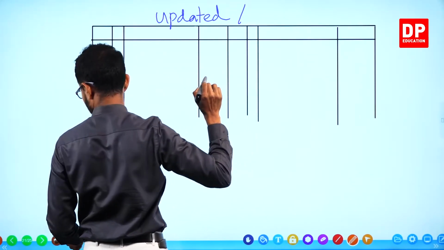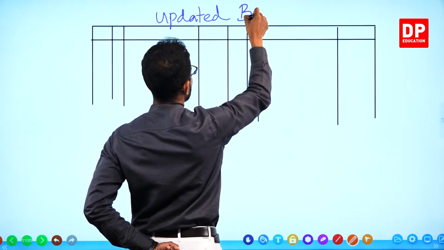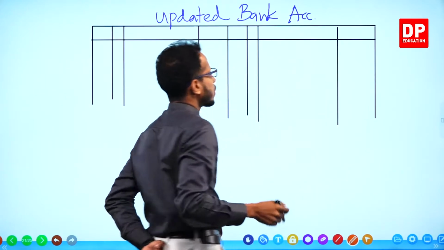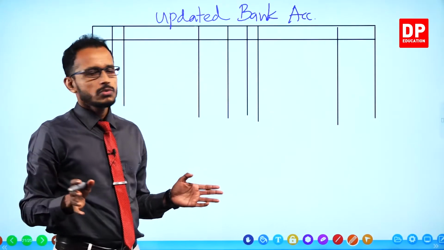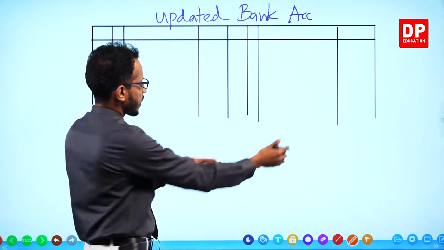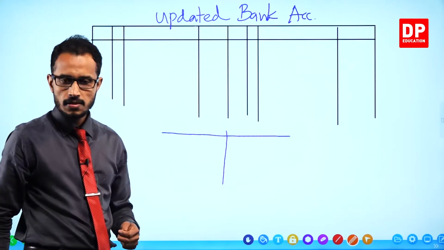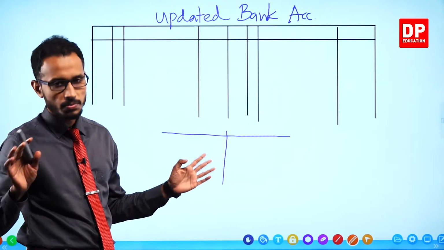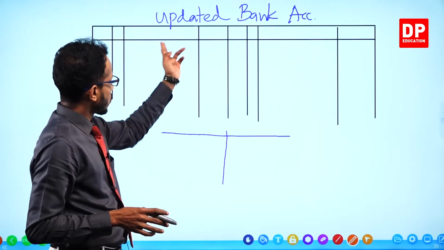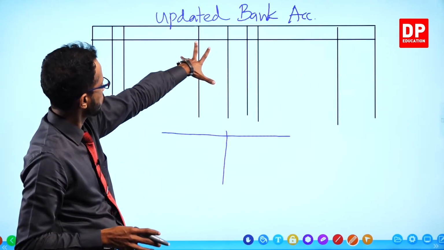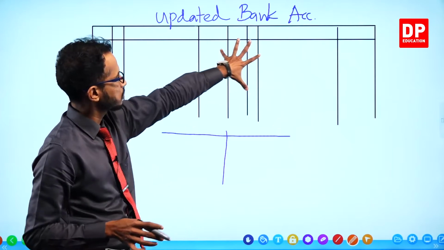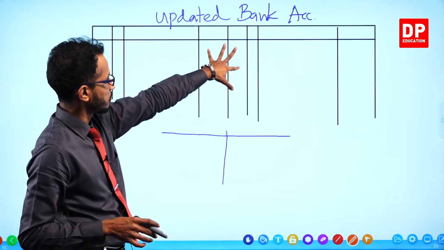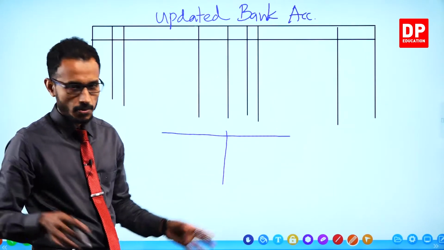But in the examination, if you get to prepare an adjusted bank account or updated bank account, even if you draw just a T account, it doesn't matter. Your marks will not be deducted. Even if you draw a T instead of the full format of the ledger account, it doesn't matter.